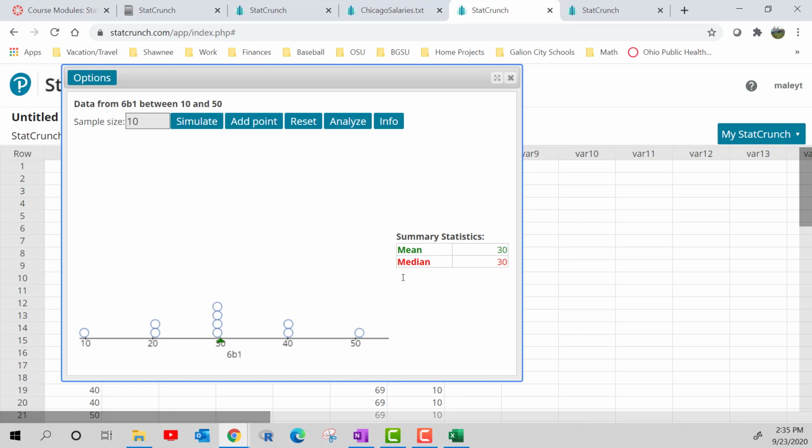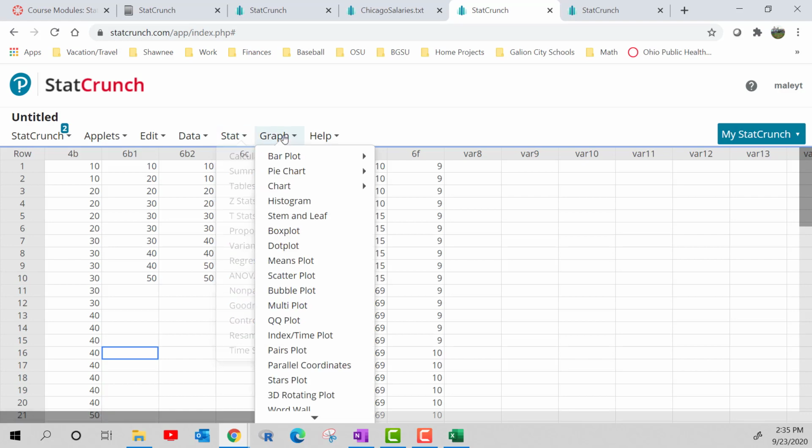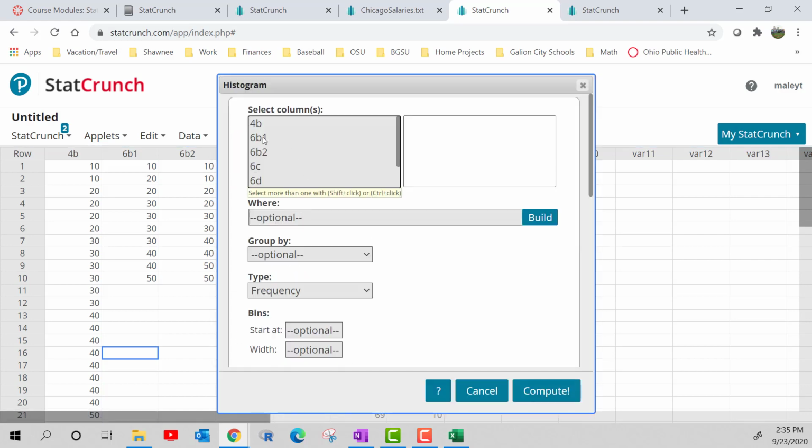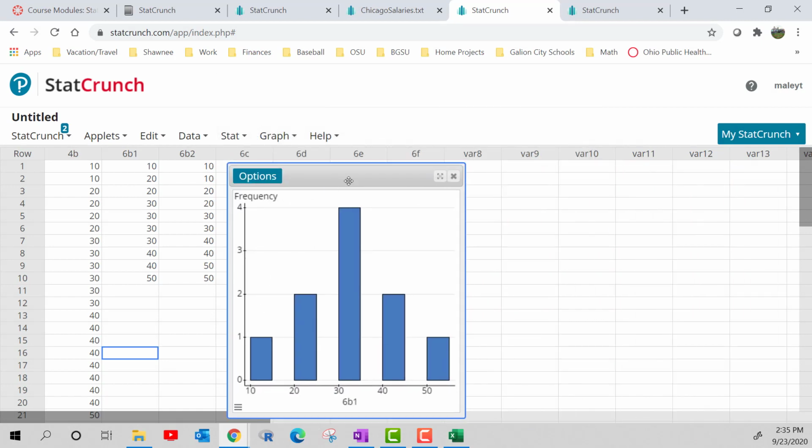And we wanted those two things to be the same. So this looks like a bell shape, right? If you wanted to make a histogram, you could go to graph, then histogram of 6b1 and hit compute. You can see that histogram looks like a bell-shaped distribution, right? It's symmetrical. Remember, bell-shaped is a symmetrical distribution.